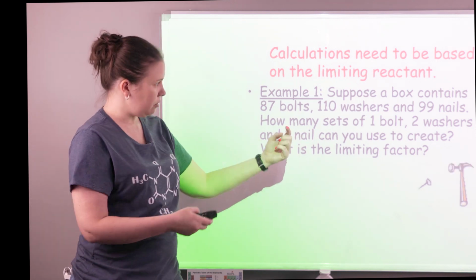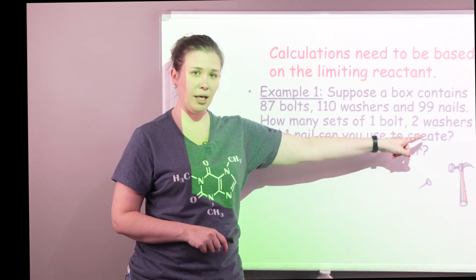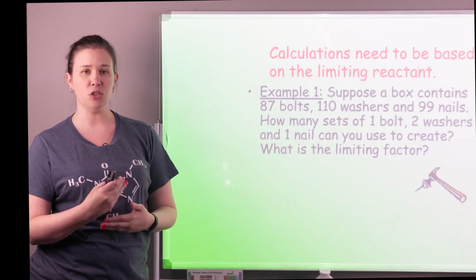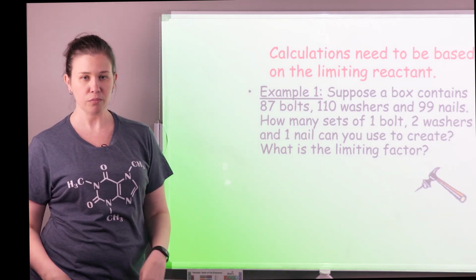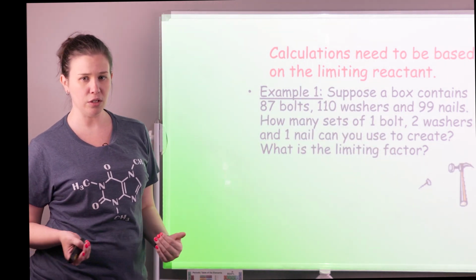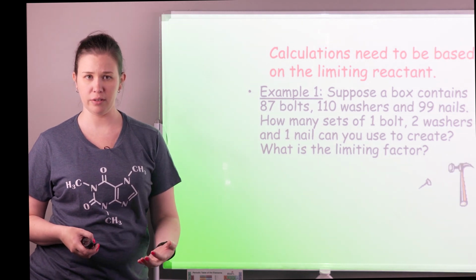On the next reactant, 110 washers, but I need 2 per kit. So that means I can only make 55 kits since I need 2 each. And that would assume that I have unlimited nails and bolts. If nails was my limiting factor and I had unlimited bolts and washers, since the kit only needs 1 nail, I could make 99 kits.